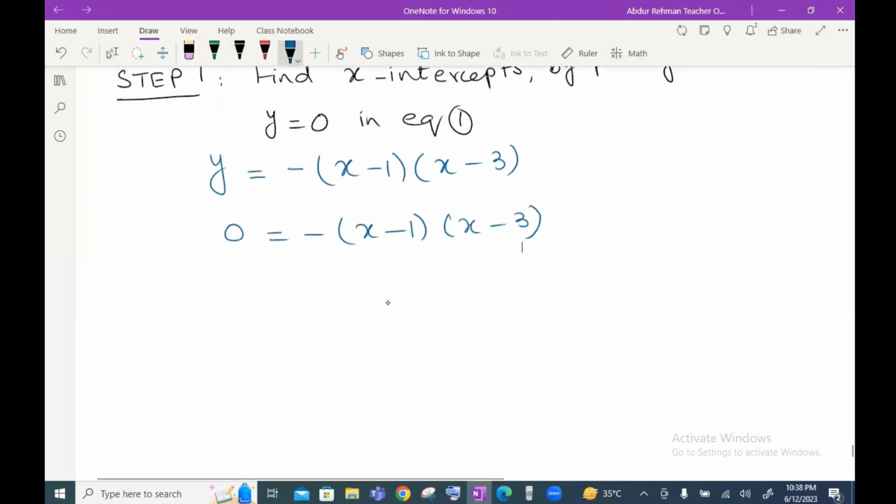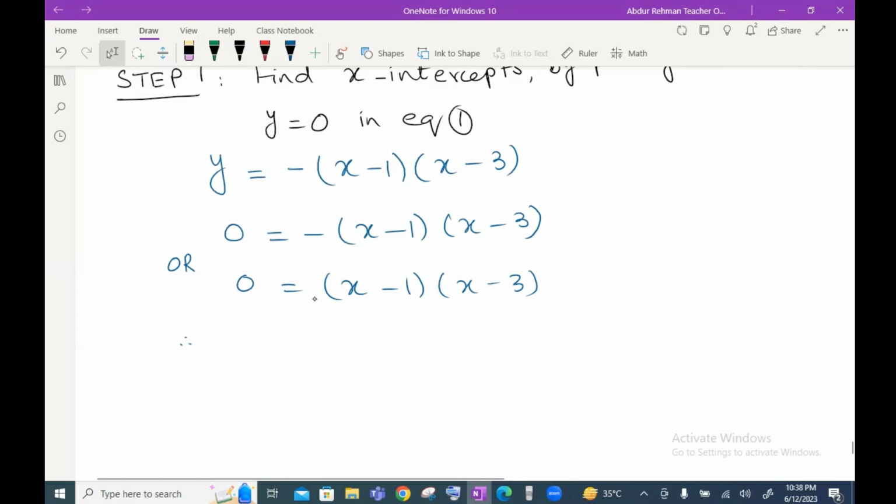Or we can say 0 equals (x minus 1)(x minus 3), because when you shift this negative sign to the left side, it will be 0 also. By equating this equation, and I have given the link on how to solve this special type of quadratic equation.